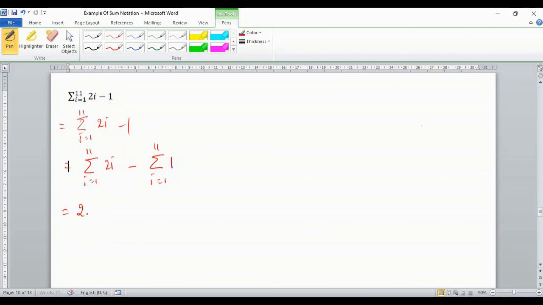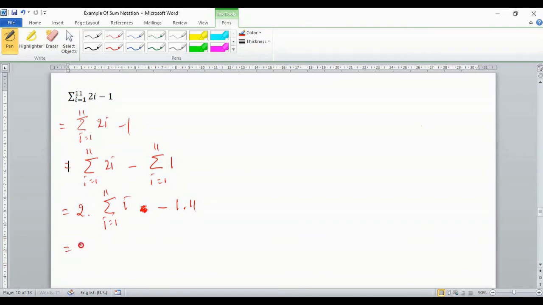From the properties and the important formula, it is 2e minus 1 times 11.